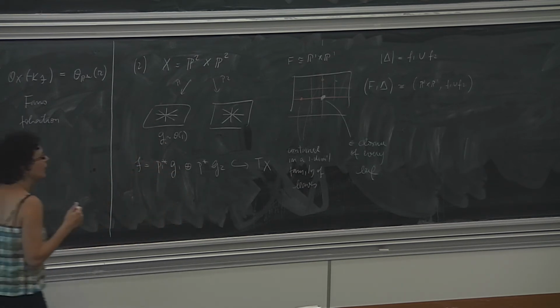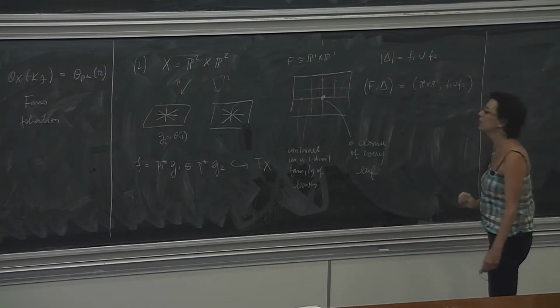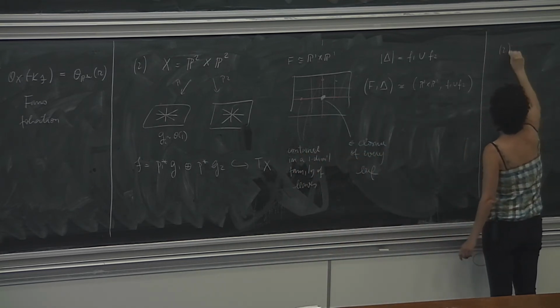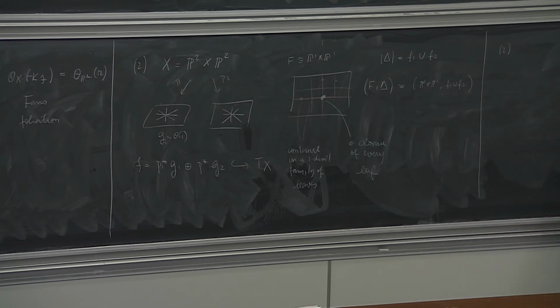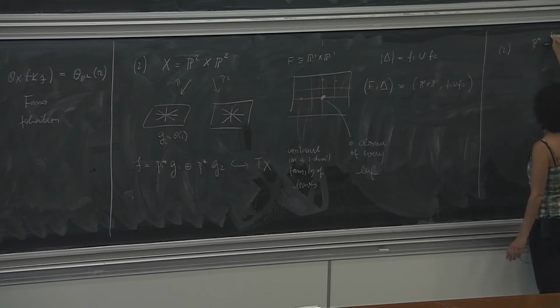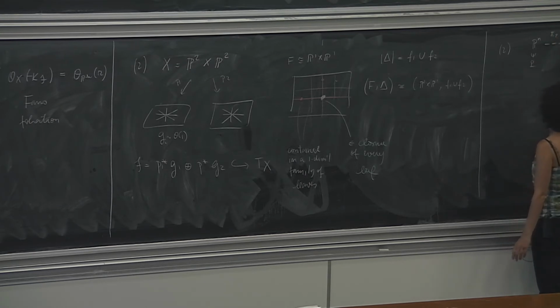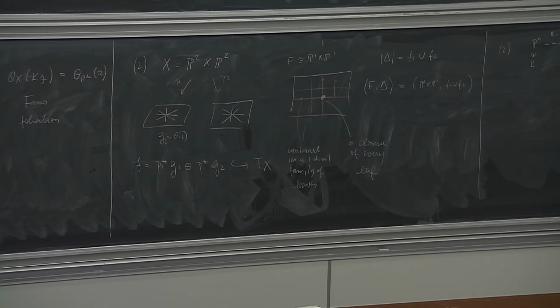And now let me give you a last example. Let me start again easily with a linear projection from a point. So I take a point in Pn, and I consider the linear projection to Pn minus 1. Now I will look at the induced map on the Grassmannian of lines.